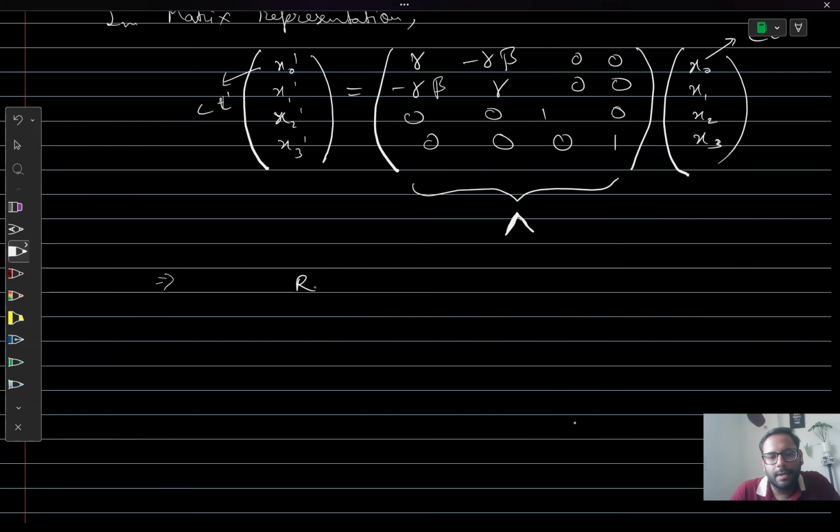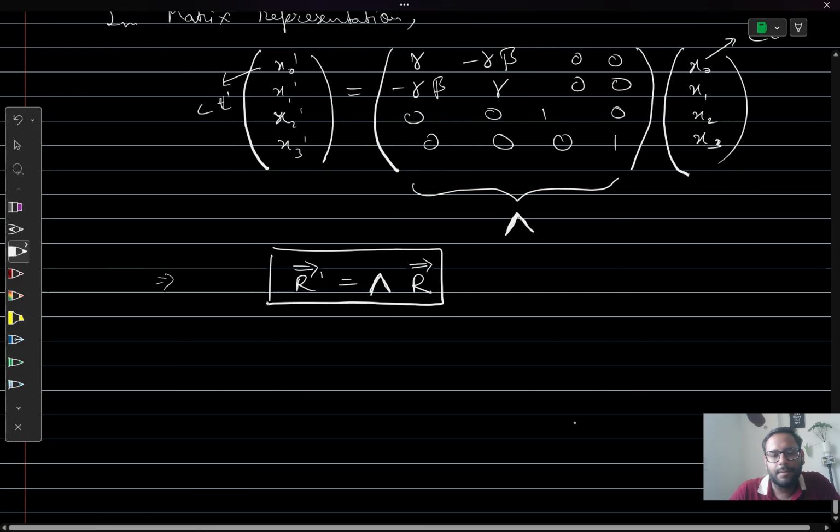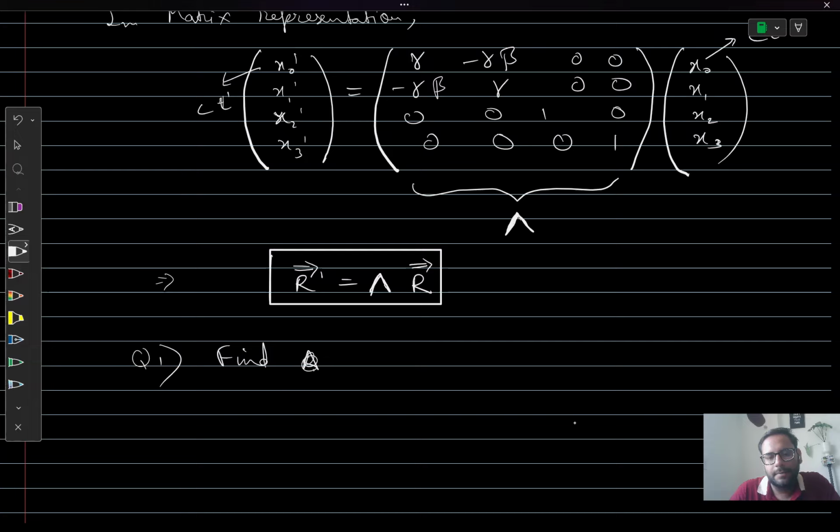So I can write any 4-vector like this, where this is called capital lambda, and this is my coordinates in the S frame, and this is the S prime frame. It is simple again, just like the Galilean transformation. Now find my inverse Lorentz transformation matrix.